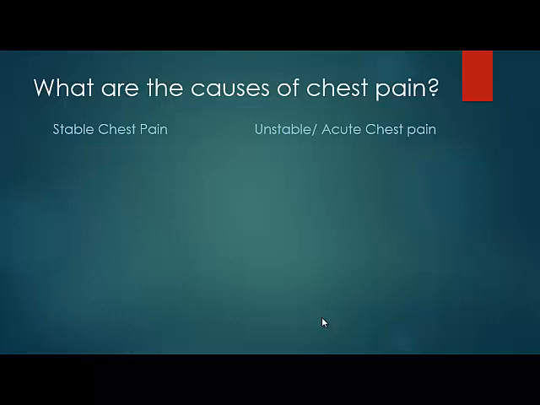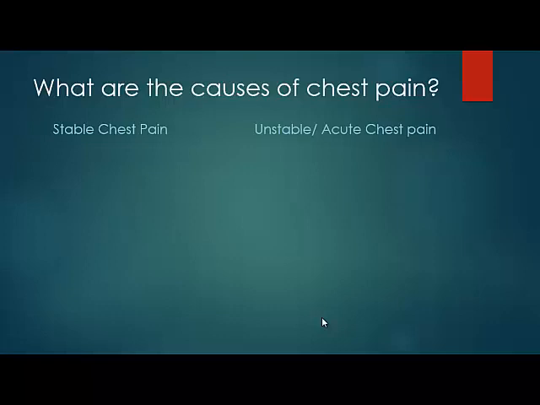Embolism, coronary embolism, but that would be acute chest pain, wouldn't it? So for stable chest pain, you have aortic valve stenosis. Anything else? Hypertrophic cardiomyopathy.